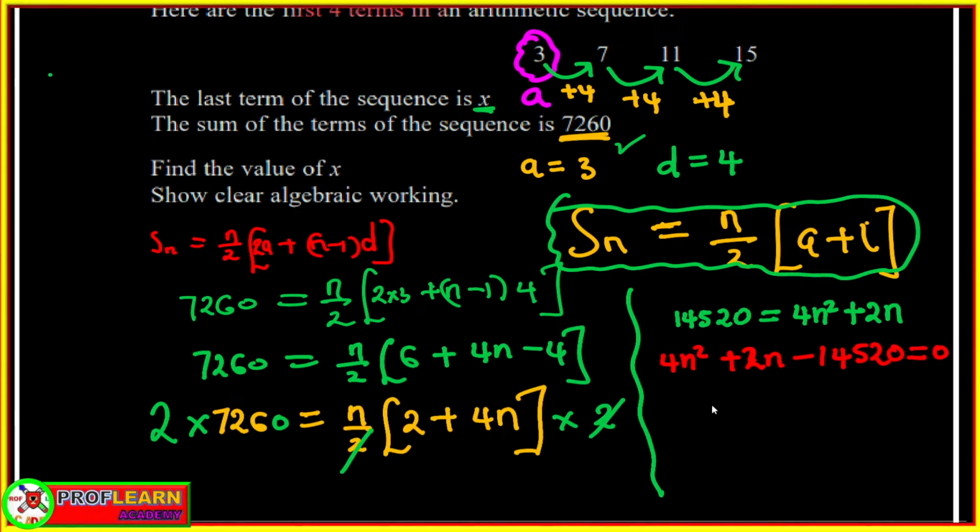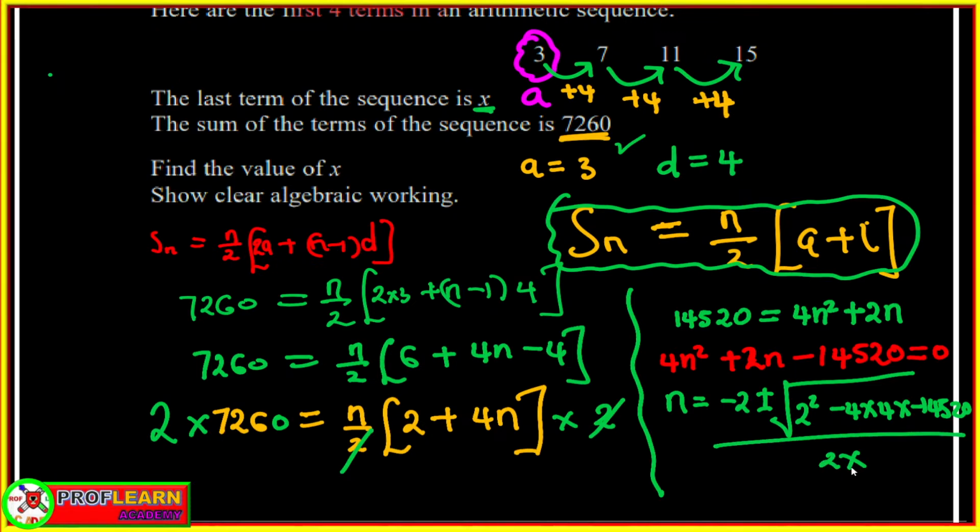So in this case, n is equal to minus 2 plus or minus the square root of 2 squared minus 4 times a, which is 4, times negative 14,520, then divide by 2 times 4.